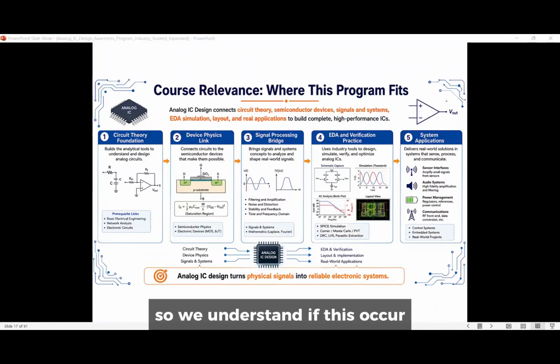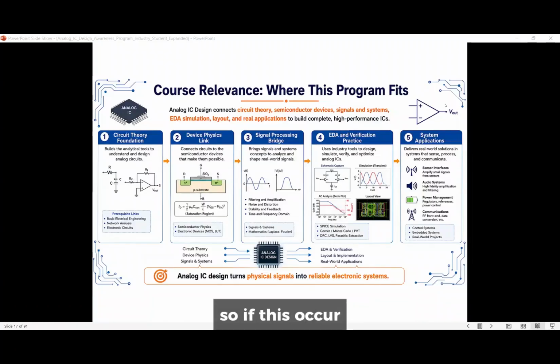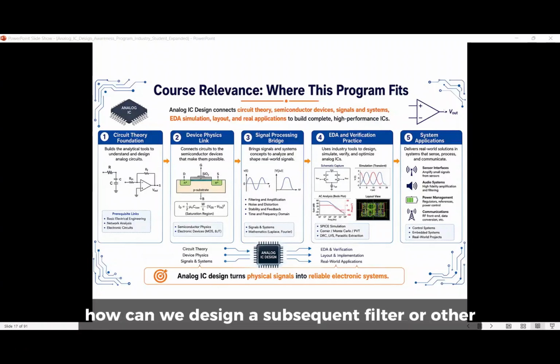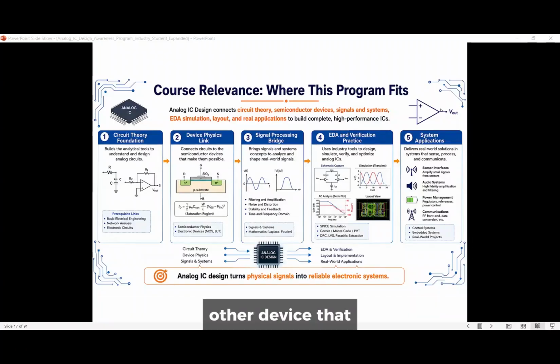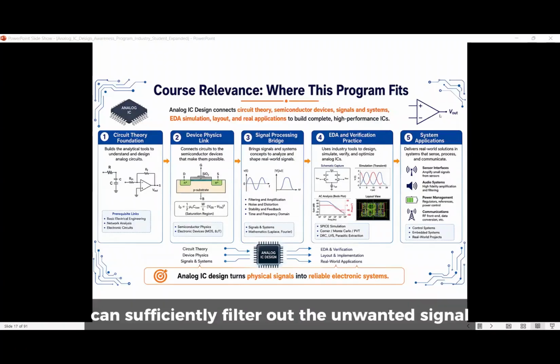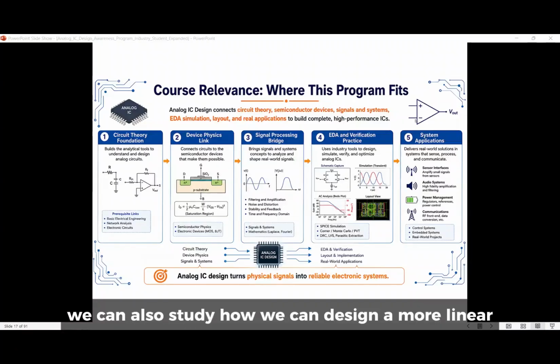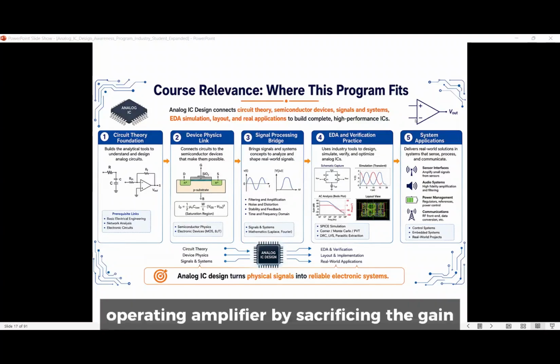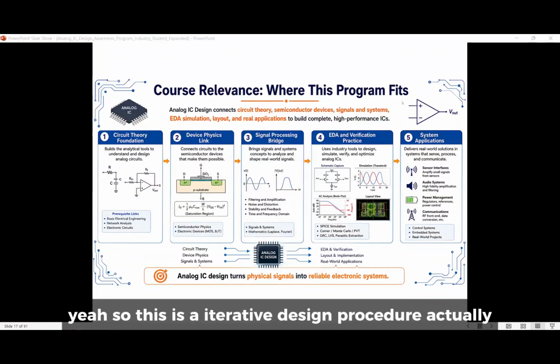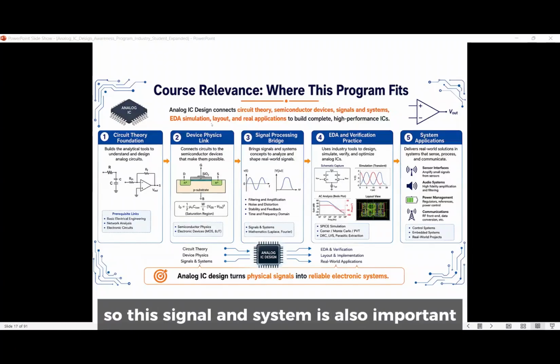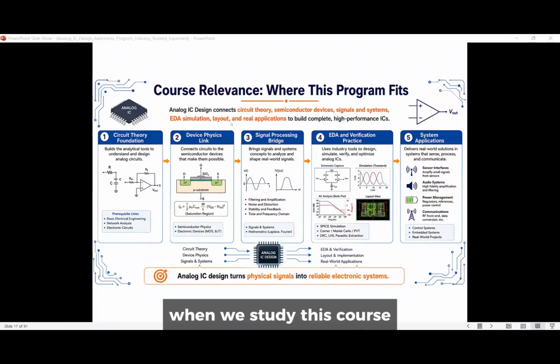If a large signal comes, how can we design a subsequent filter or other device that can sufficiently filter out the unwanted signal? We can also study how to design a more linear amplifier by sacrificing gain. So this is actually an iterative design procedure, and signal and system is also important when we start this course.